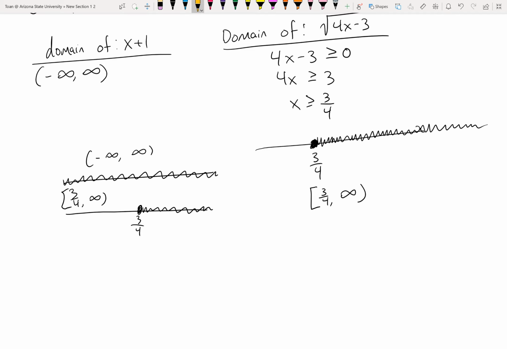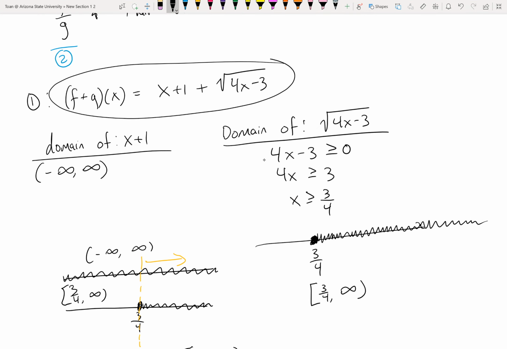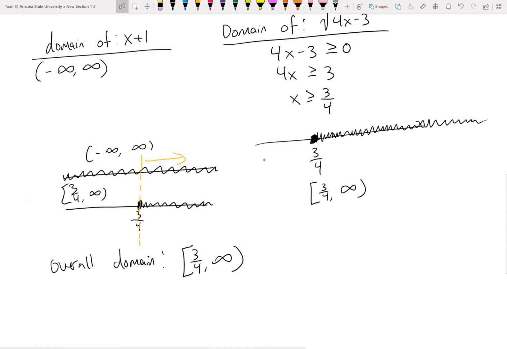I hope it doesn't take a lot of thought to see where these two lines overlap. They overlap between here and rightwards. So that is your overall domain, 3/4, comma, infinity. That is what you would submit as your answer. You would submit this as the sum and this as the domain.